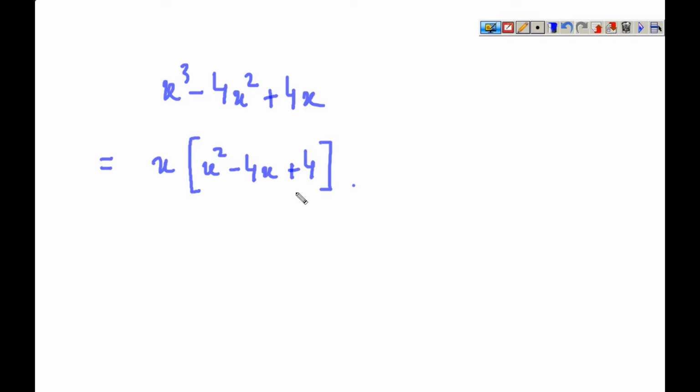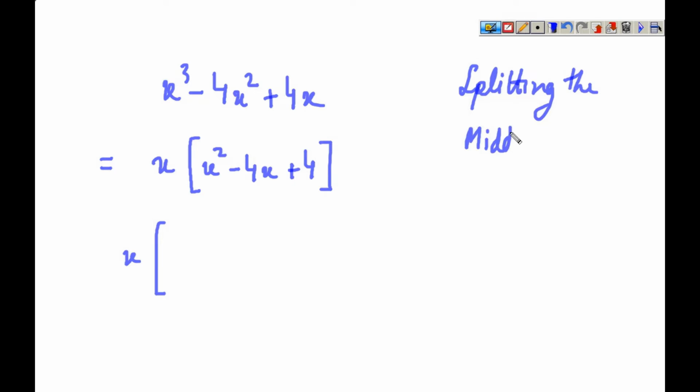Here we can see this is a quadratic equation, and trying to expand it further, we keep the x here and then a big bracket. We do something that is called splitting the middle term, to try to find the common factors here.